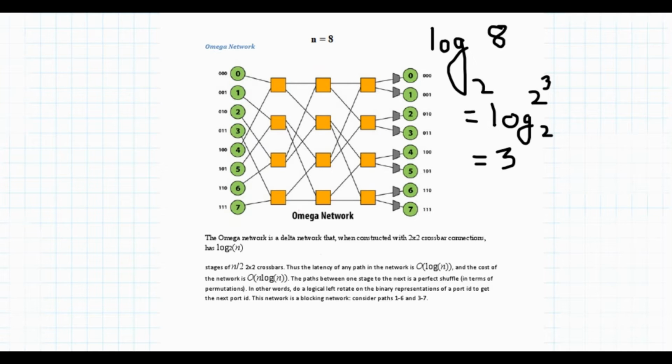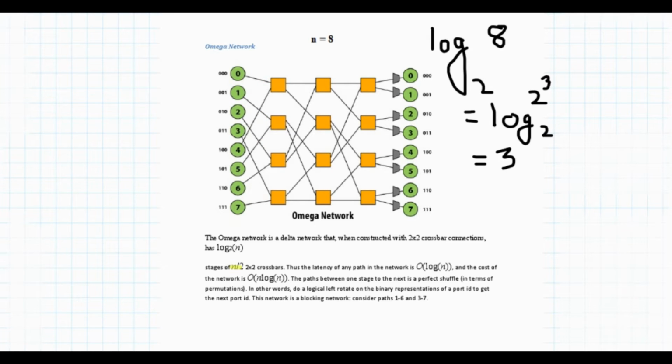Now, next you have to find the number of switches in each stage. The answer is simple, n by 2. That means for 8 processors, you will have 8 outward edges, right?